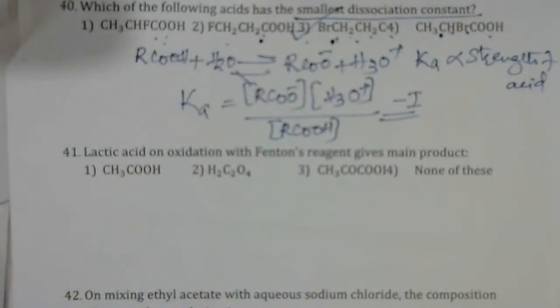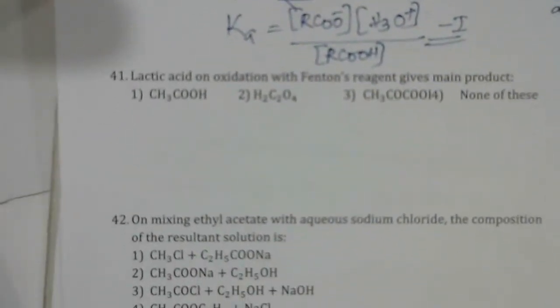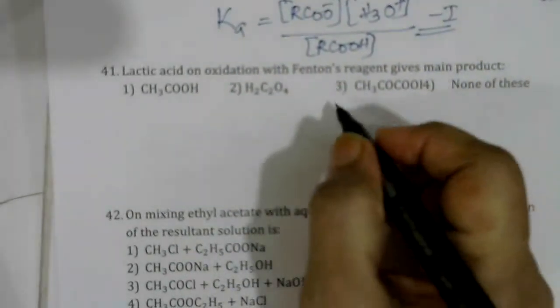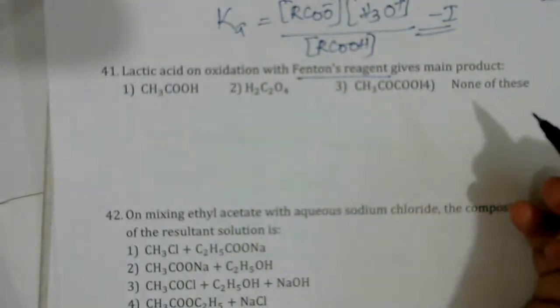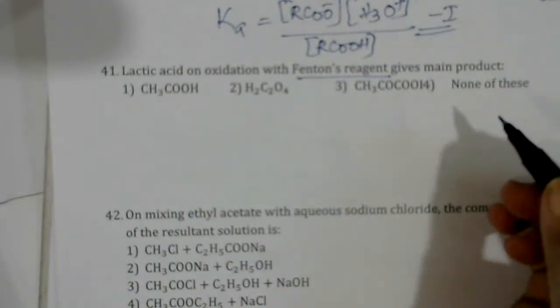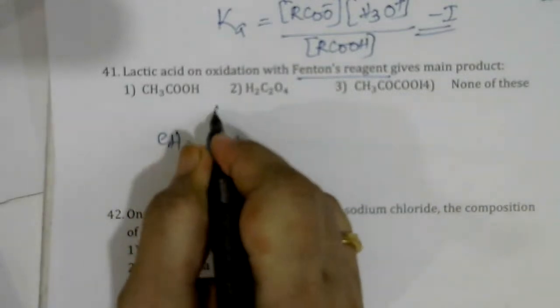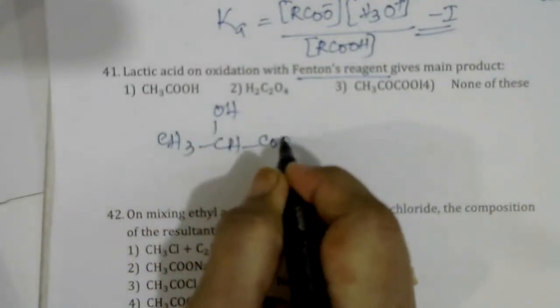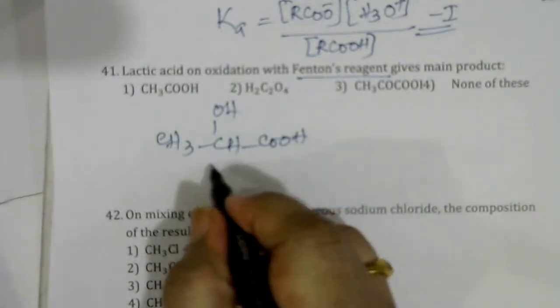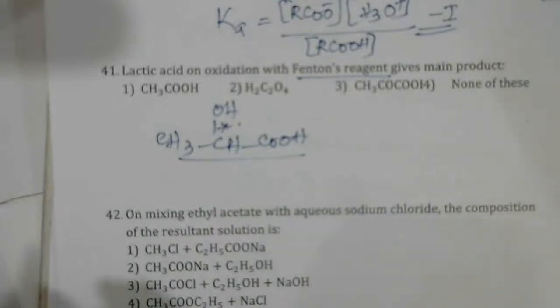Lactic acid on oxidation with Fenton's reagent. As we said, a mixture of hydrogen peroxide and ferrous sulfate is called Fenton's reagent. So whenever the lactic acid CH3CHOHCOOH, this is lactic acid, lactic acid is optically active.